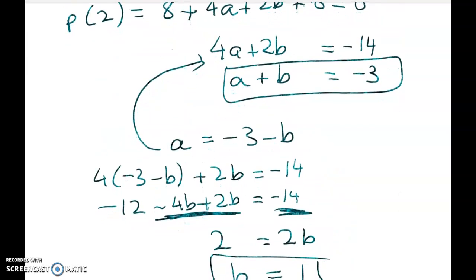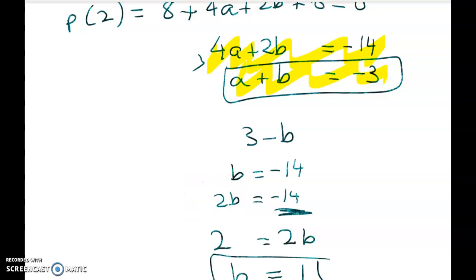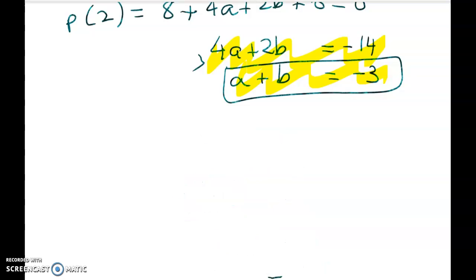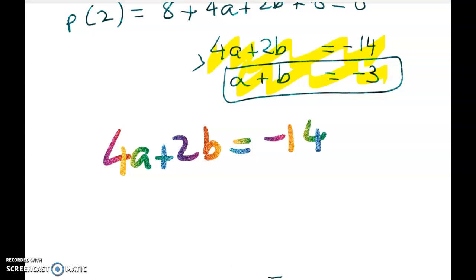So going back up here, all I'm going to do with that second one is multiply it through by 2. So I'm just going to erase all of this to give myself a bit of working space. So 4a plus 2b is -14. 2a plus 2b is -6.